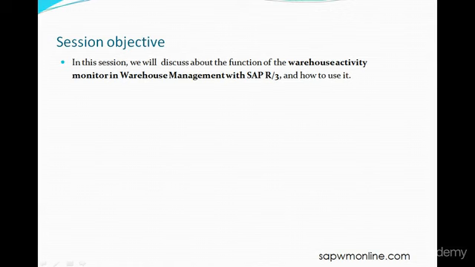The Warehouse Activity Monitor provides us an easy report of the statuses of the transactions that have been initiated and have surpassed a critical duration of time defined in the configuration, meaning it tells us if a certain process has become critical based on the critical time that we set up.